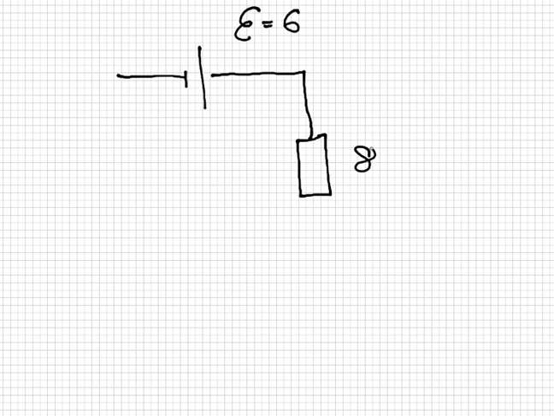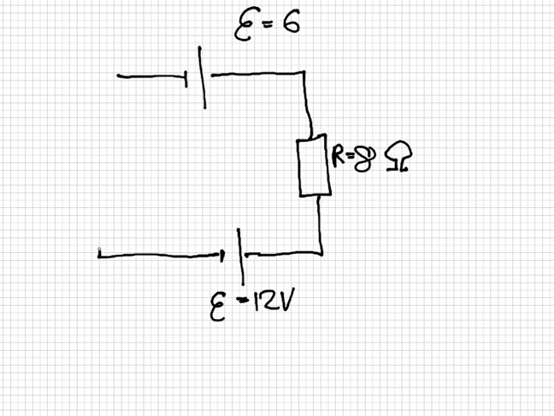So let me draw my circuit. We have a battery of 6 volts, resistor of 8 ohms, another battery, so this is the resistance here, another battery of 12 volts again, and then another resistor here, but this one is 10 ohms.